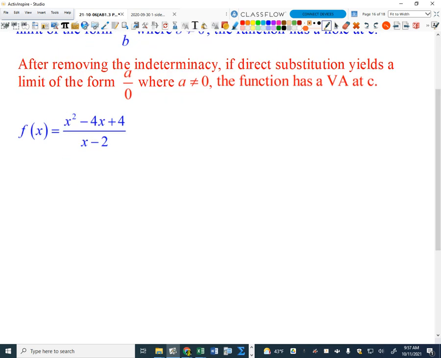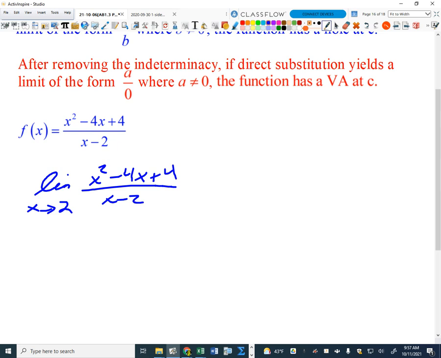What about this guy here? If I try to evaluate this directly, what do I get? Oh, sorry, I guess we're not taking a limit, are we? Let's take the limit of this as x approaches 2.